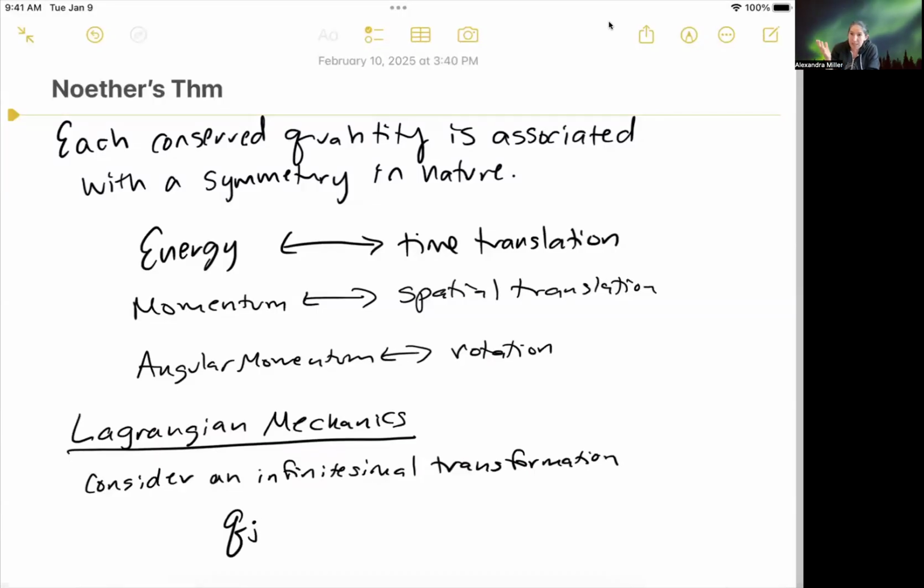So we have some system, we have some set of coordinates Q that describe the configuration of our system as a function of time. And we're going to send our coordinates to some Q prime, which is some function of our original coordinates and epsilon, which is some small parameter.